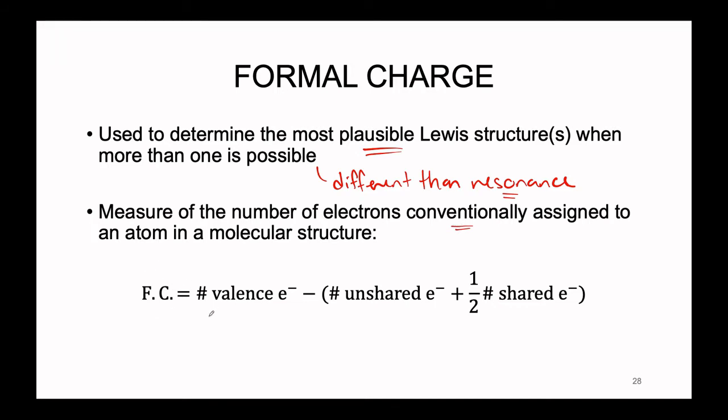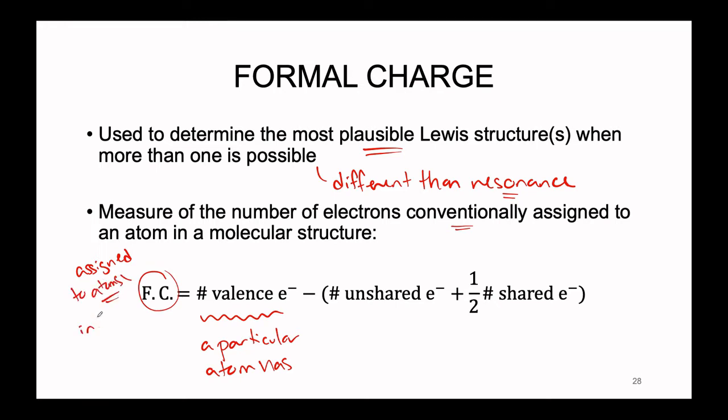It is going to be equal to the difference between the number of valence electrons a particular atom has. This is something really important about formal charge. It is assigned to atoms in the molecule.